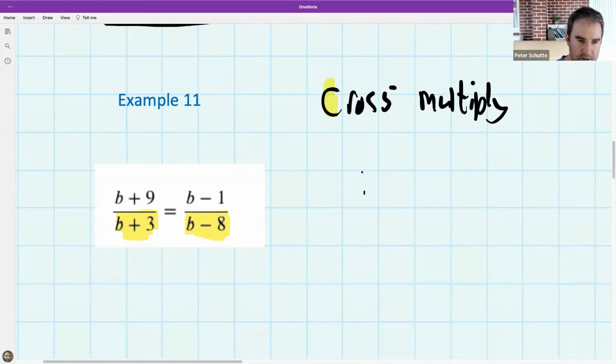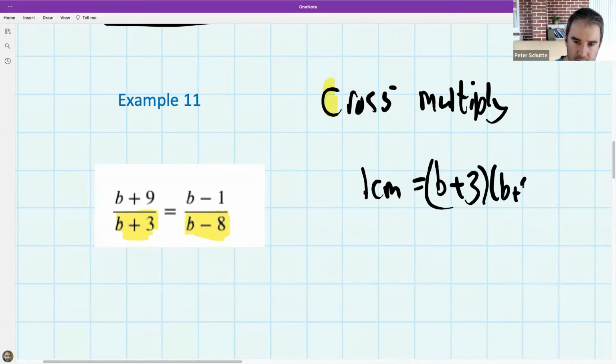This sounds a bit weird, but if I make something special, I'm going to multiply both sides of this equation by b plus 3 times, or not b plus 8, it'll be b minus 8. So stop for a moment and think, why am I choosing to construct something like that? Why am I choosing it? It's actually basically a lowest common multiple of these 2, yeah.